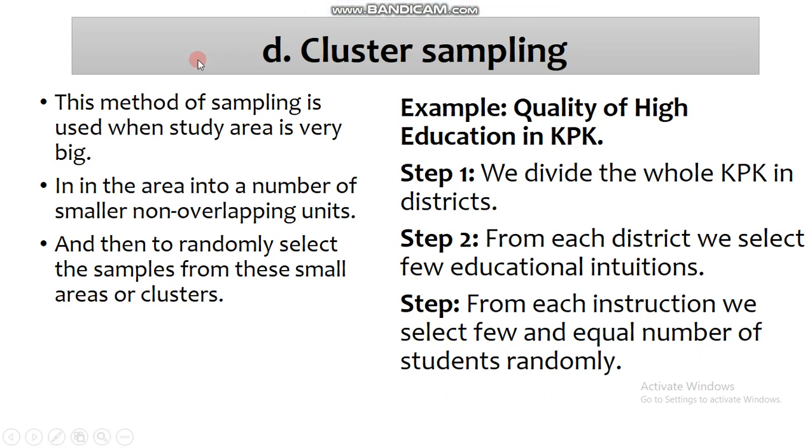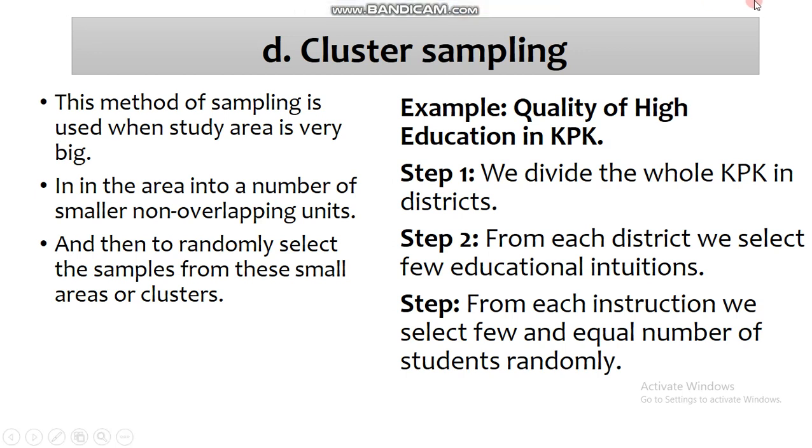The fourth one is cluster sampling. This type of sampling is mainly used when our study area is so big that we are not able to reach each and every individual or element.